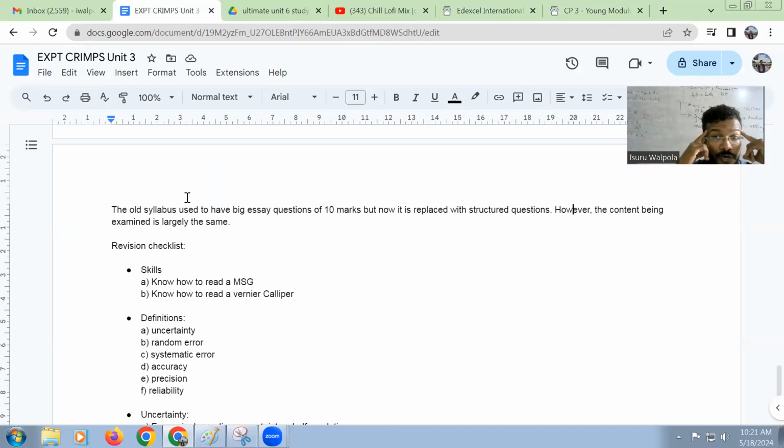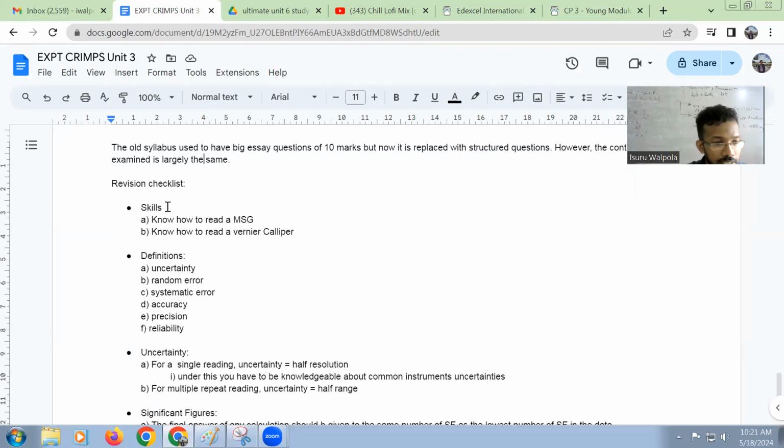So when the examiner is asking you about a particular core practical or something similar, you should think, what is this asking me? Is it asking me the calculation, the repetition, and so on? You can go through those key points and see what is being asked.